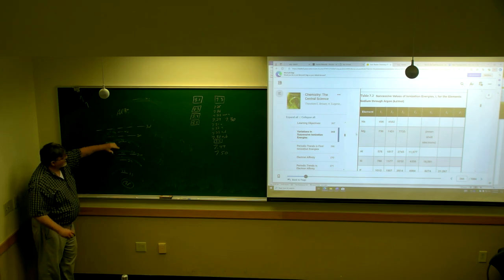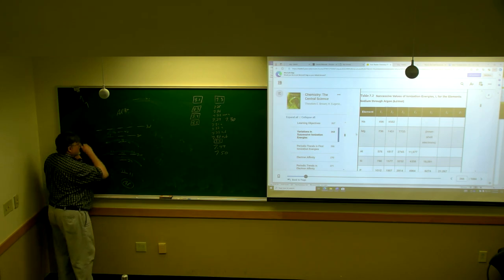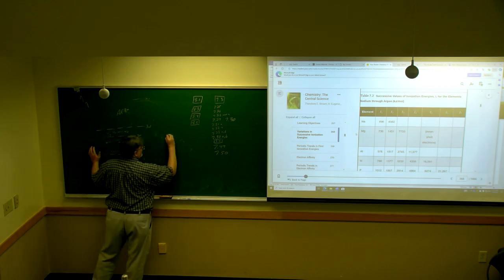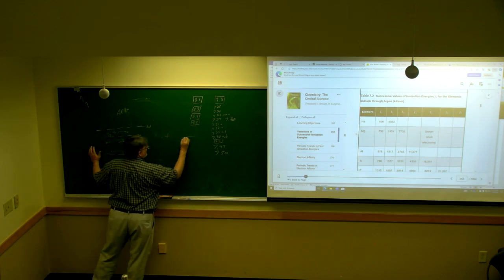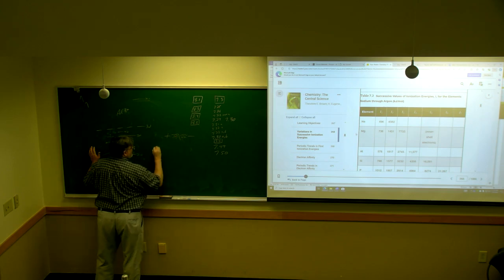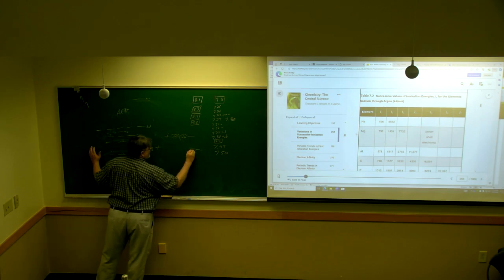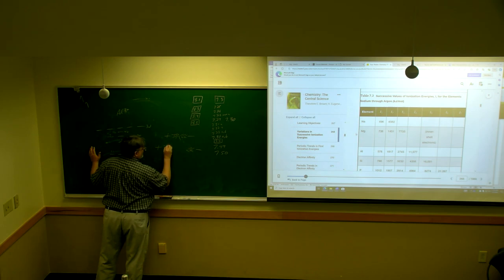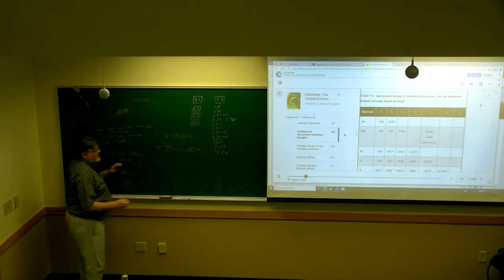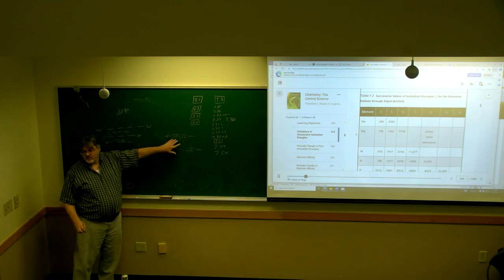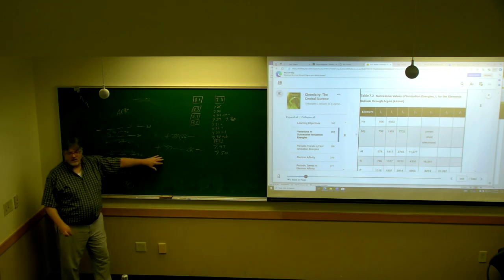And then these are actually feeling some shielding too. So shielding weakens it, but I should have said this: the attraction, the closer they are, the stronger the attraction. The further away they are, the weaker the attraction.